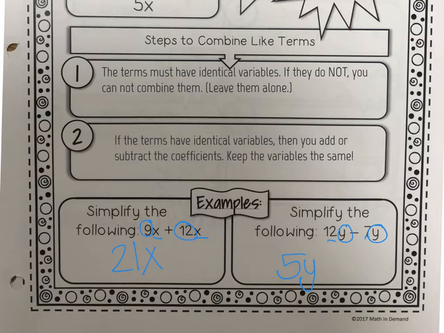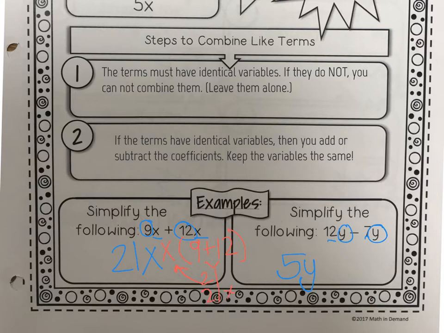I'm going to show you why it's different when you multiply. Because when you're adding, this is like the distributive property where you could take out a factor of x and inside have 9 plus 12. And you could simplify that way where 9 plus 12 is 21 times x, which is 21x.